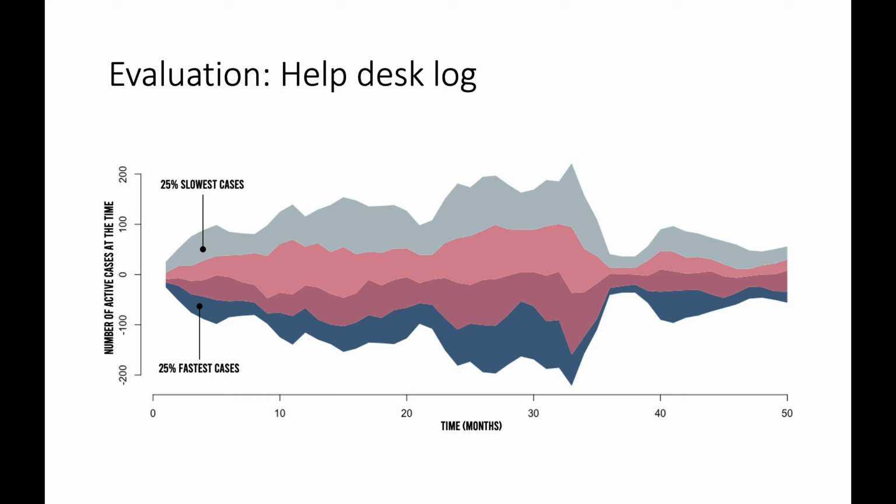But looking closer, we can see there is also variation in how many of the slowest cases and the fastest cases occur during this time. For example, around month 32, we see that the slowest cases are still there in the system, while the fastest cases start to decline much faster.